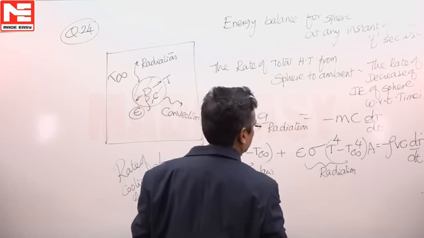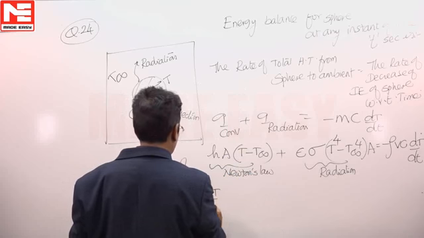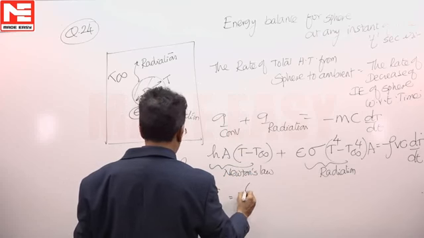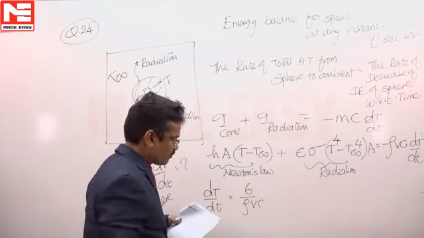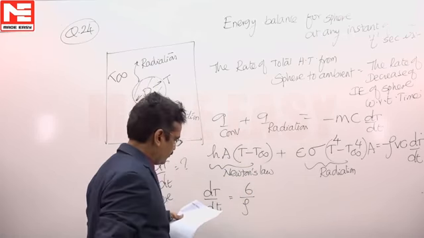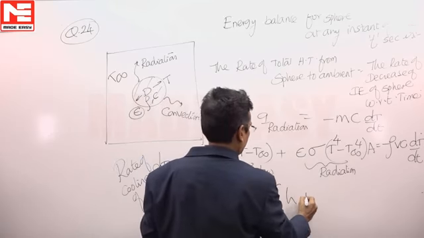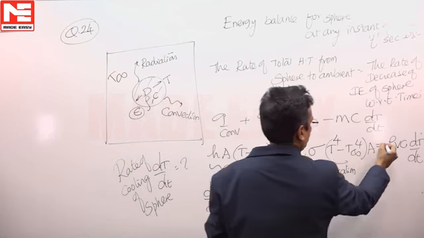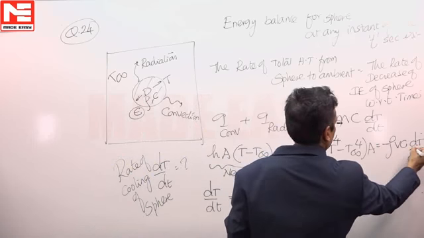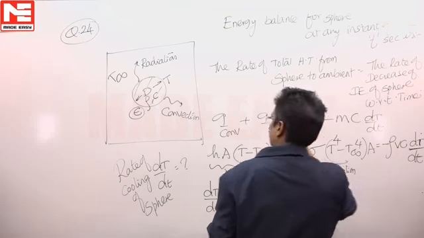Therefore, from this dT by dt can be obtained. That minus sign only shows that the temperature of the body is decreasing with respect to time because of this heat loss.